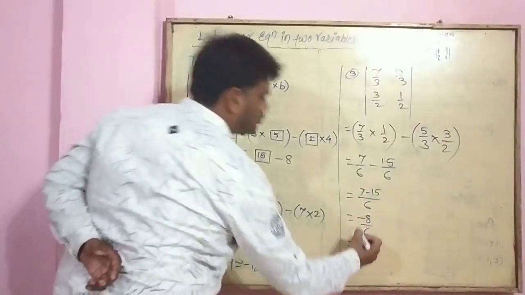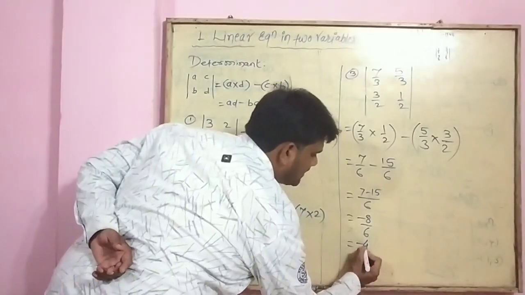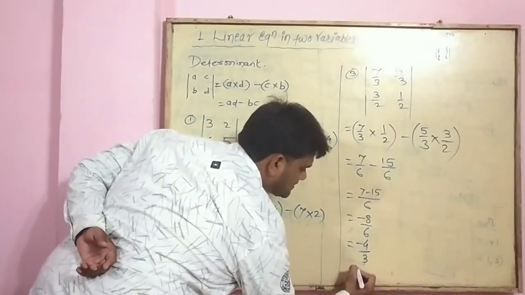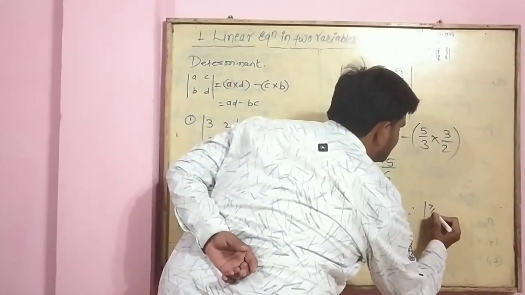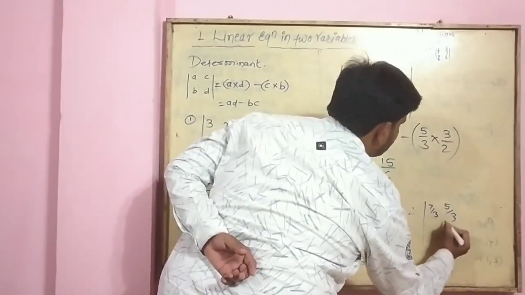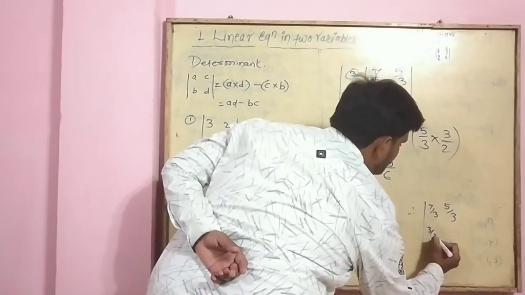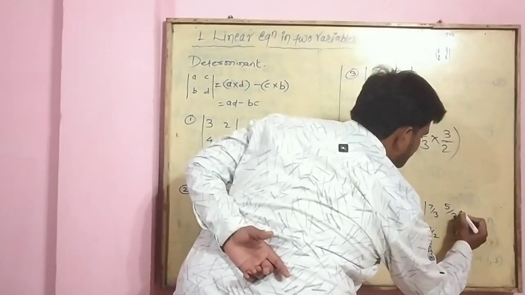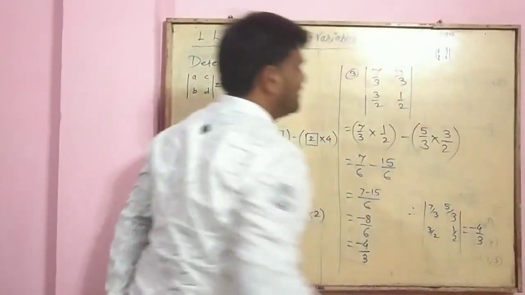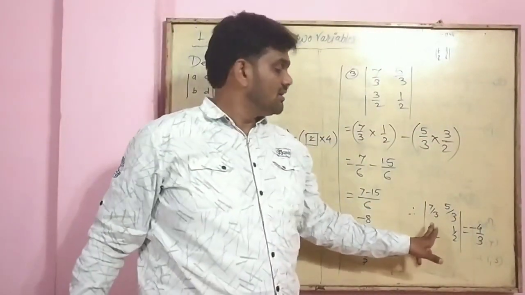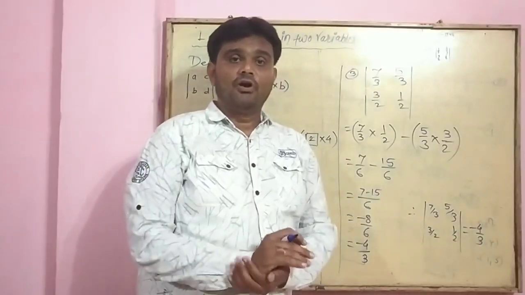Now 2 4s are 8 and 2 3s are 6. Therefore, 7 by 3, 5 upon 3, 3 by 2, 1 by 2 is equal to minus 4 upon 3. Means the value of the determinant is minus 4 upon 3.